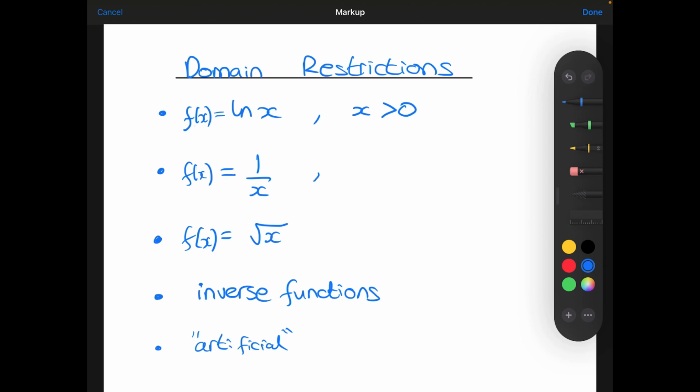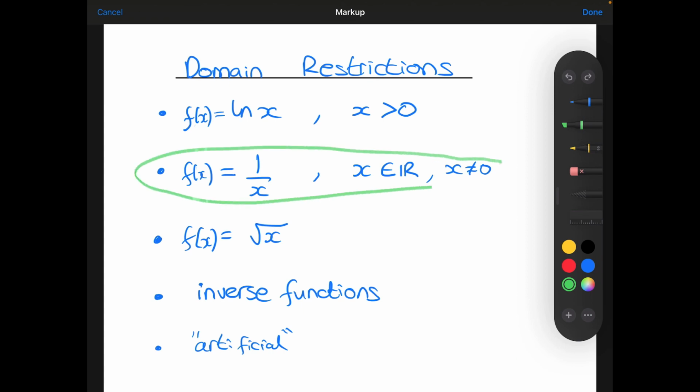So I'm going to restrict the domain by saying that x can be any real number, but it cannot be 0. This symbol here means belongs to. This means the set of real numbers, so all real numbers. So this is just saying x can be any number, but it can't be equal to 0. And again, by me adding this into the function definition here, I have now turned this into a function because I now can substitute every value of x in the domain into this function.